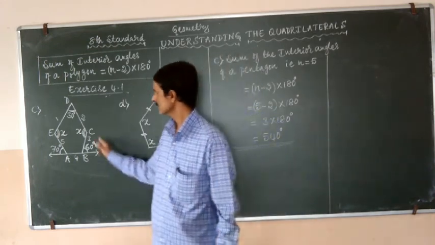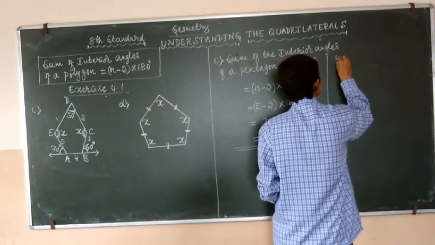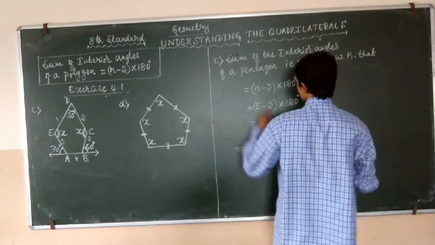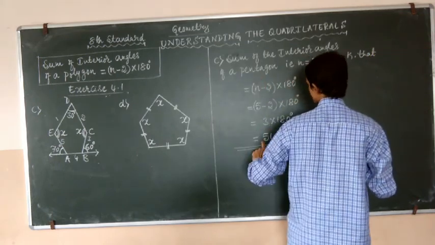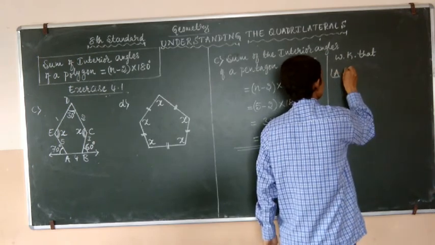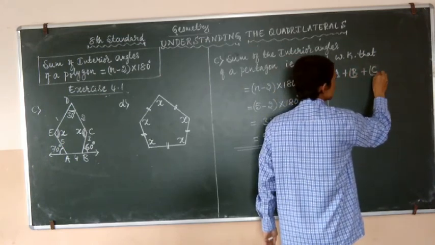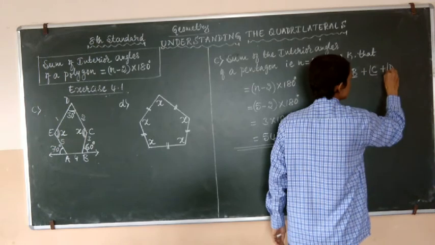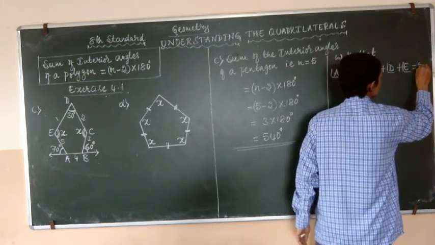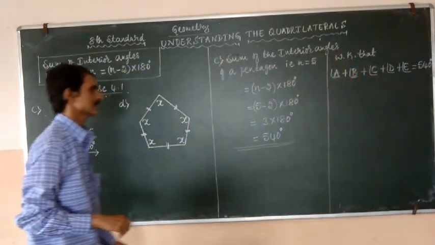Now we shall find out the value of x. We know that the sum of the interior angles of the pentagon is equal to 540 degrees. Therefore, angle A plus angle B plus angle C plus angle D plus angle E equals 540 degrees.